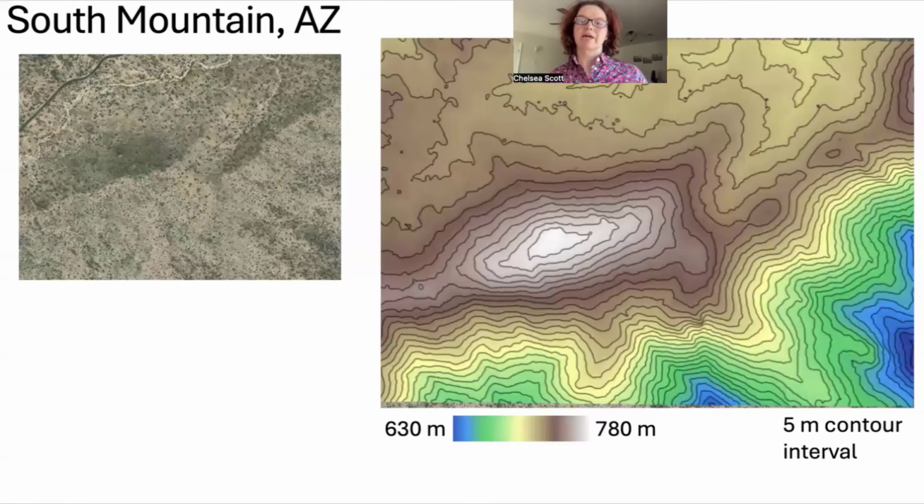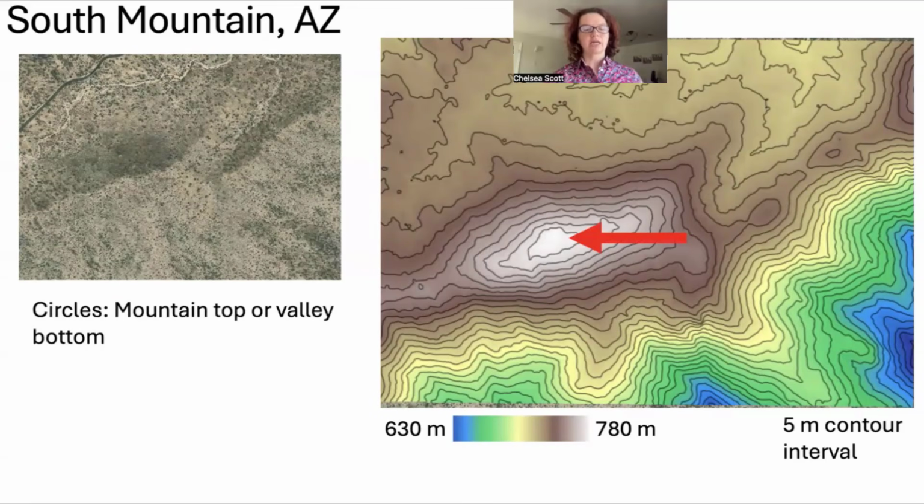So there's 3 features I'd like to point out to you in this map. So the first is that if we see circles on topographic contour maps, that indicates that we're either at a mountain top or valley bottom. And in this case here, the arrow is highlighting this circle that is white, and that's going to be the highest elevations of our landscape, indicating that this is a mountain top.